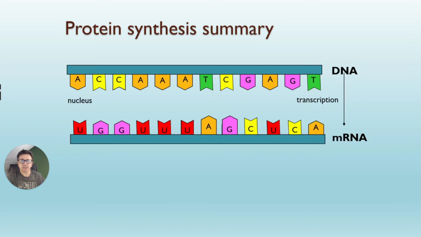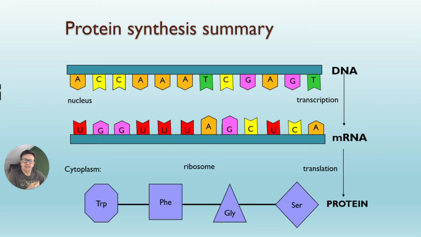And transcription occurs where pre-mRNA is produced, and then it is spliced to ensure that the introns and exons are separated, and then it goes off to the ribosomes and translation occurs, and that's where you get your sequence of amino acids joined together by peptide bonds to make a polypeptide. In a previous video of mine, I've got a really good animation of protein synthesis, so please do check that out.